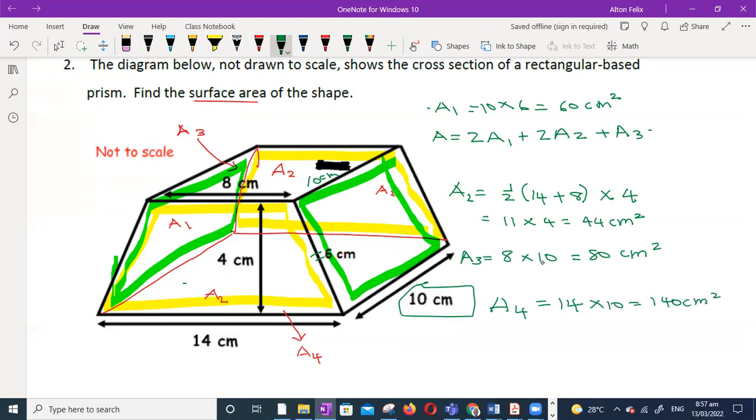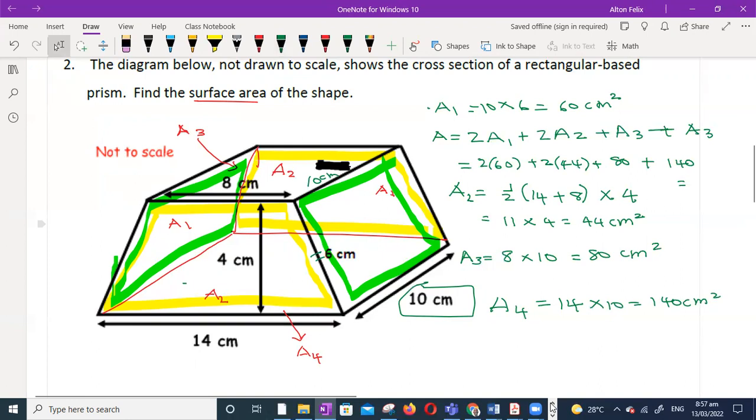Right, so we have all the information we need to find the surface area here. So it's 2 times area 1, which is 2 by 60, plus 2 times area 2, which is 2 by 44, plus area 3, which is 80, plus area 4, which is 140. And that'll give us the final answer for the surface area of that shape.